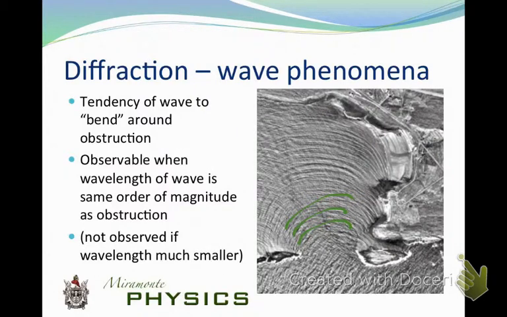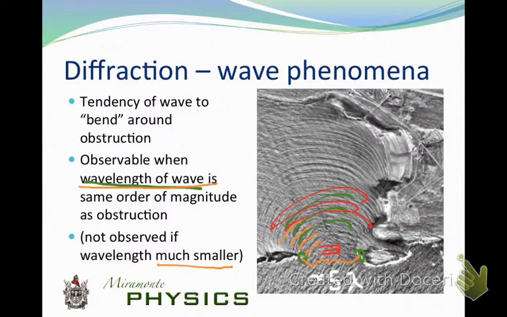So it's observable when the wavelength of the wave is on the same order of magnitude as the opening or obstruction it's going through. In this particular case, it looks like the wavelength is about 1/5 the size of the opening. So the opening is about 5 times one wavelength.